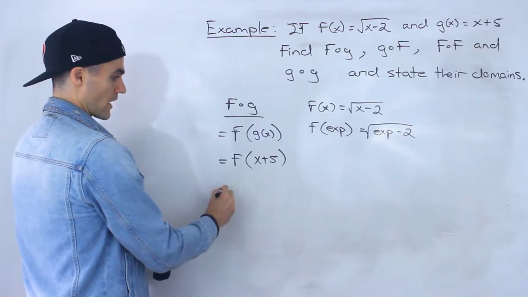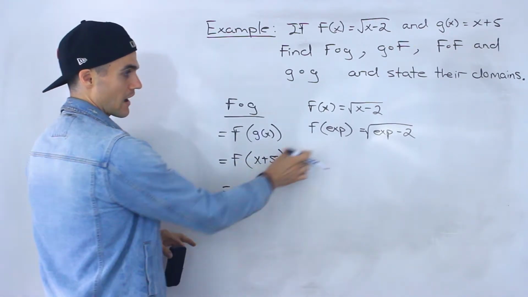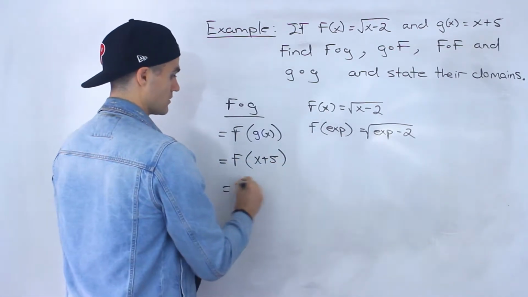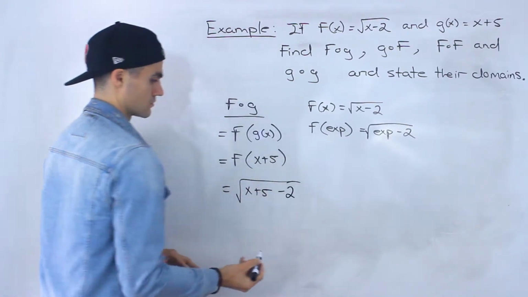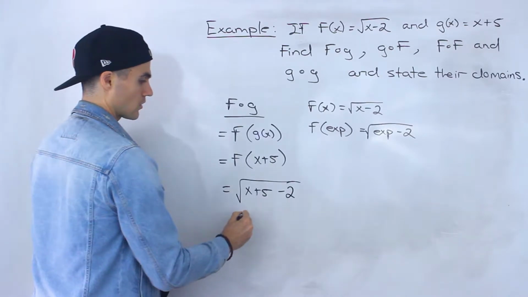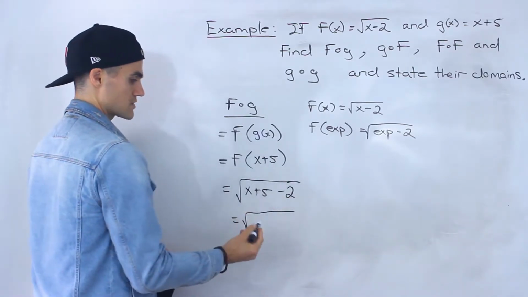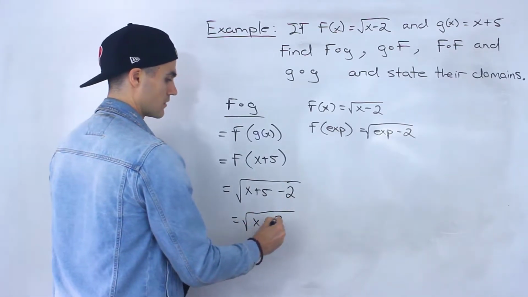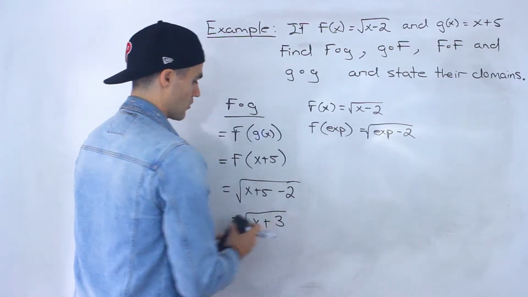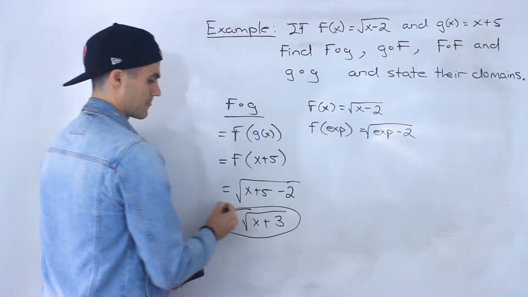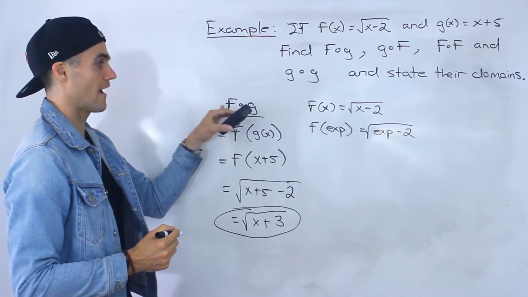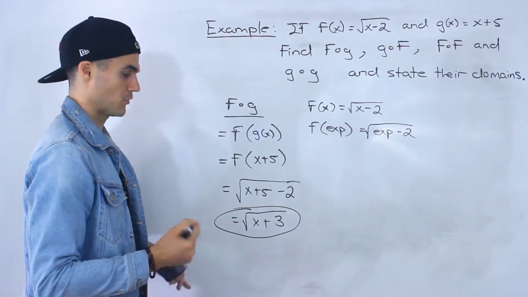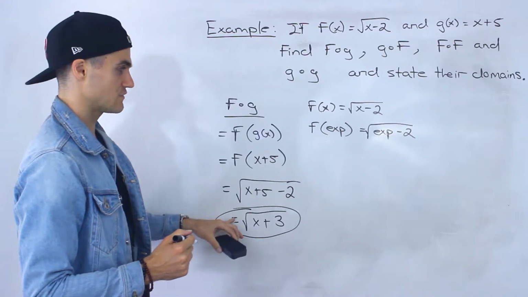So we can rewrite f of x plus 5 as the square root of the expression x plus 5, minus 2, which equals the square root of x plus 3, since 5 minus 2 simplifies to 3. So this ends up being the composite function. That's f of g of x, or f open dot g. Both mean the same thing. So that's the final answer.